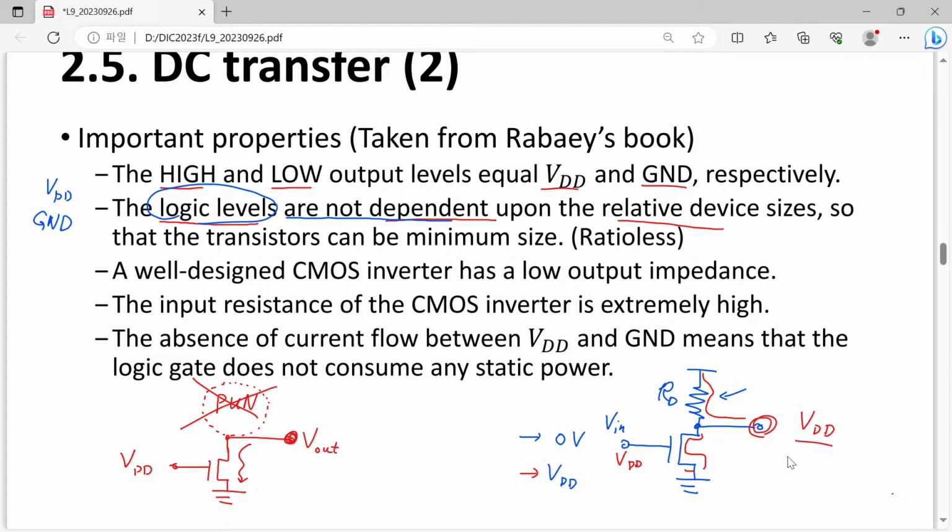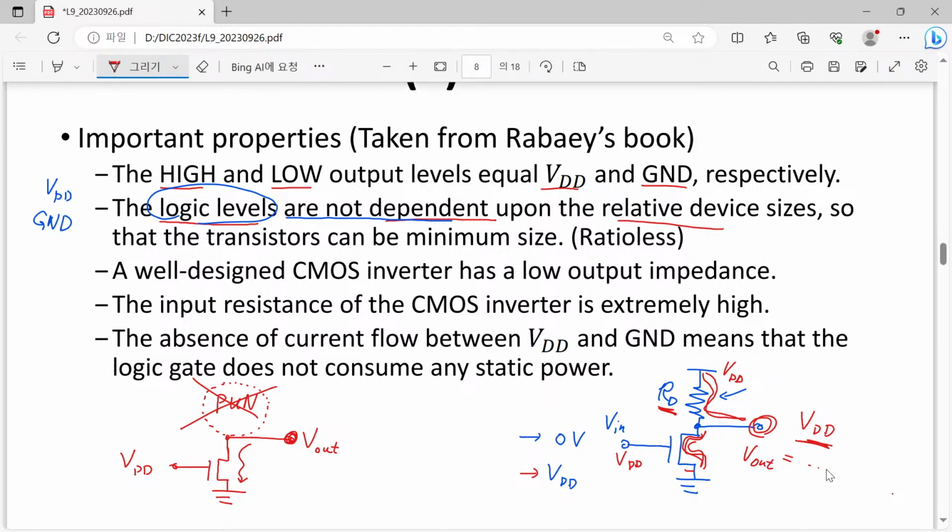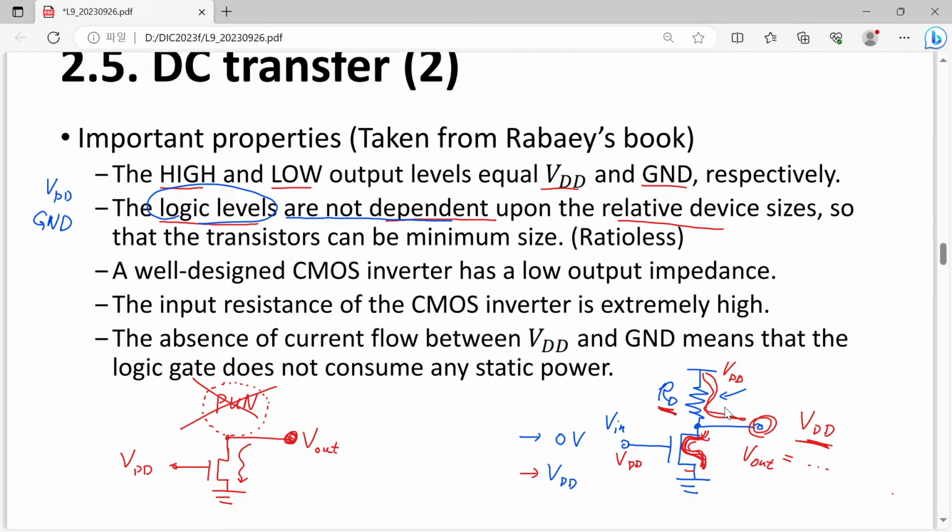Then now think about this case. Now, the MOSFET provides a certain strong connection, but RD also has a certain connection, although not as strong as the MOSFET, and here we have connection to VDD. So now the output voltage will be determined by the balance between this MOSFET path and this resistive path.